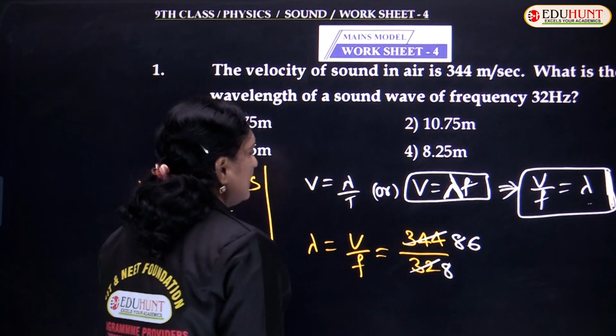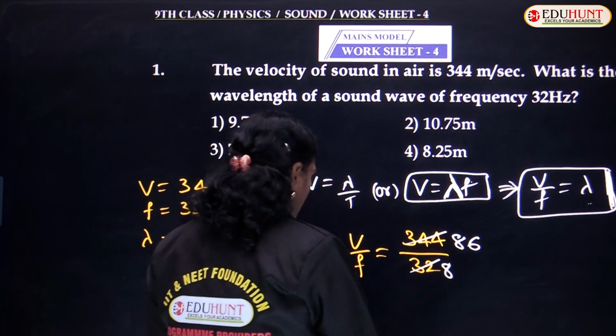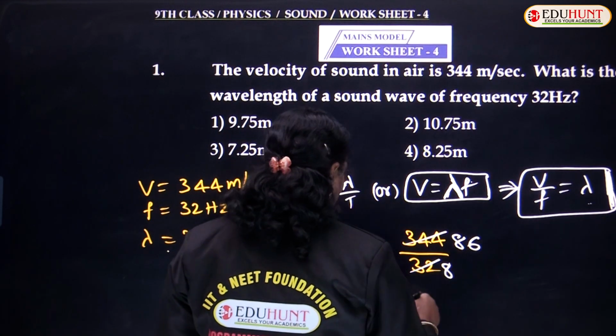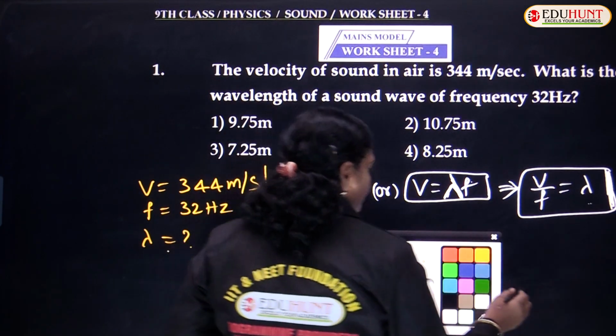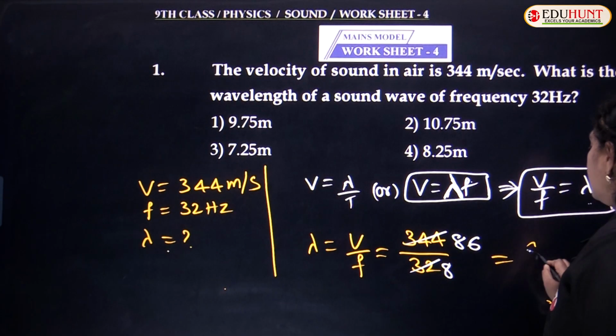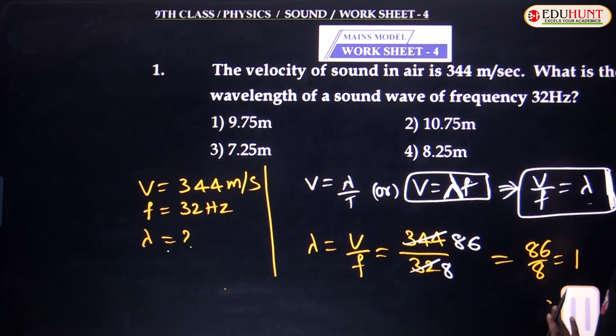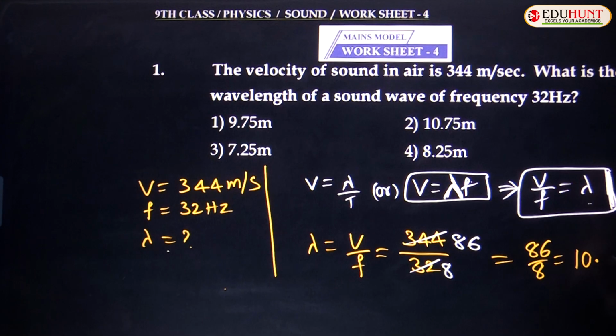So how much are you getting? It's 86 upon 8. Further simplification gives approximately 8 ones are 8, 0, 8 sixes 48, 7 sixes 56, isn't it? 8 fives are 40.